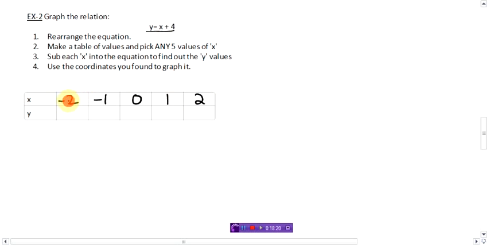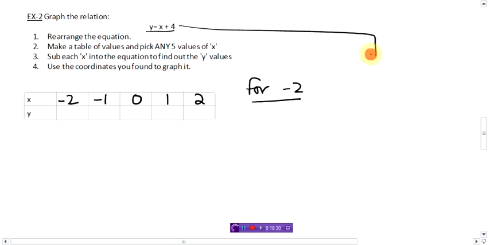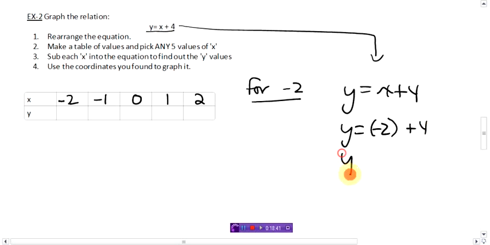Okay, and you sub each of these x values into the equation and spit out a y. So for x equals negative 2, we use our new relation now, y equals x plus 4. We sub in a negative 2 in for x, so y equals negative 2 in brackets plus 4.